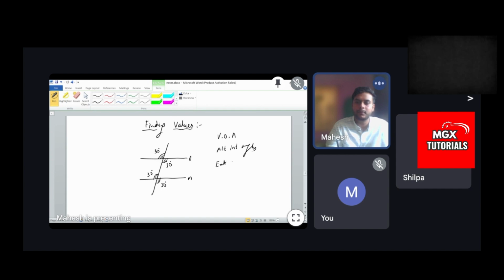Getting it or no? So everything is working properly here. Now, if this is 30 degrees, this will be equal to how much? Correct. If you add both, it should be equal to 180 degrees. 150 plus 30. So this is 150. Vertically opposite angles, this also will be 150. Corresponding angles. If this is 150, this also will be.